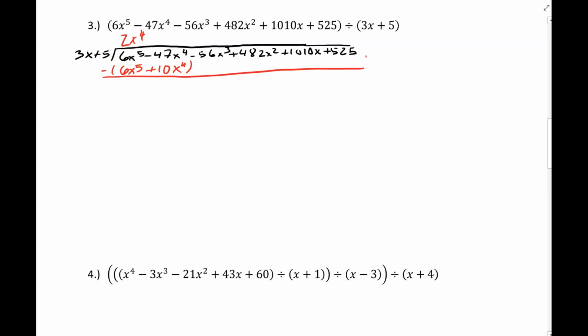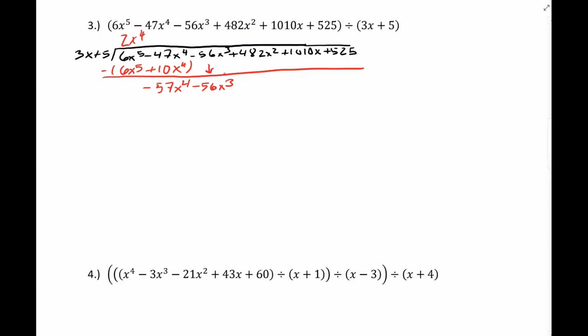And then I'll subtract down. So 6x to the 5th minus 6x to the 5th is 0. And then negative 47x to the 4th minus 10x to the 4th is negative 57x to the 4th. And then I'll bring my next term down and re-ask the same question.